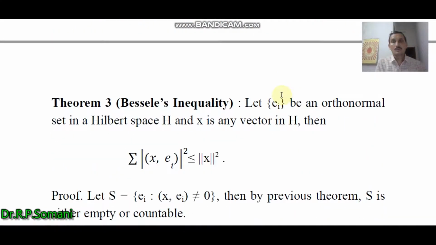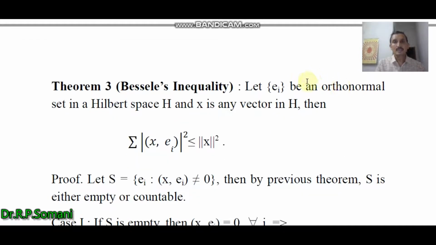Now we have the third theorem, Bessel's inequality for the general case. In theorem 1, we have studied Bessel's inequality for the finite case. Here we go to the infinite case.